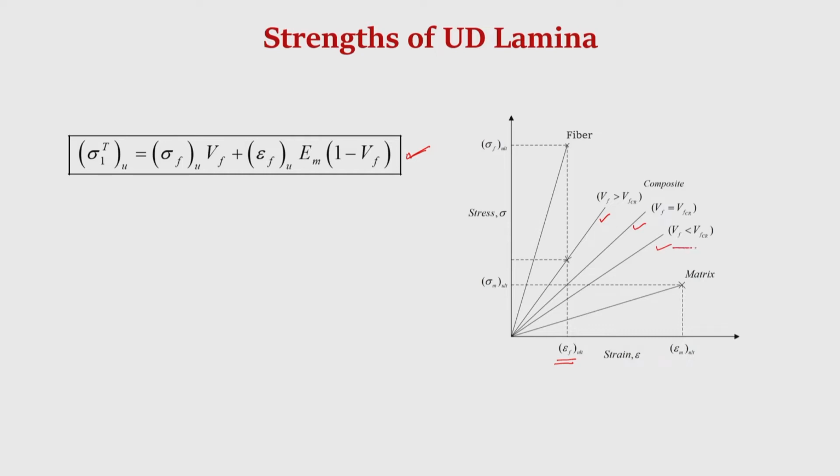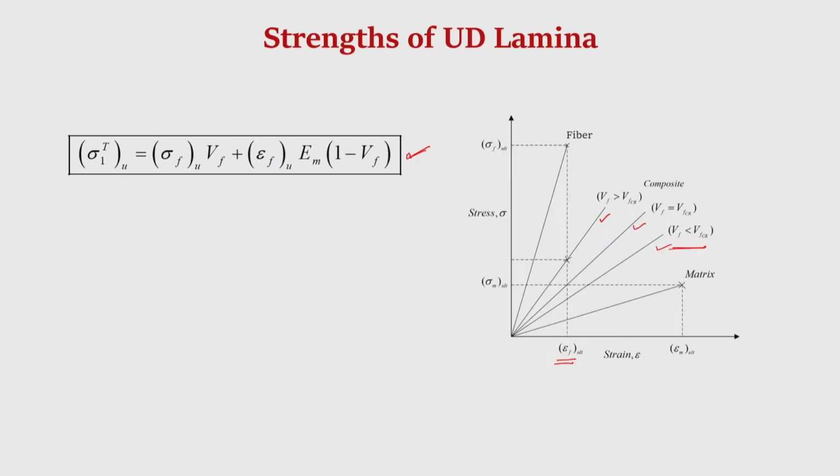We could see that only if the volume fraction is more than a critical volume fraction is it ensured that the longitudinal tensile strength of the lamina will be higher than that of the matrix. If the volume fraction is less than the critical volume fraction, then the longitudinal tensile strength of the lamina will be less than that of the matrix, and the objective is not served.